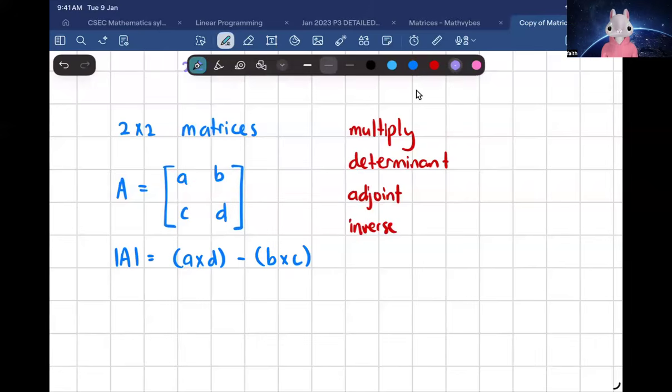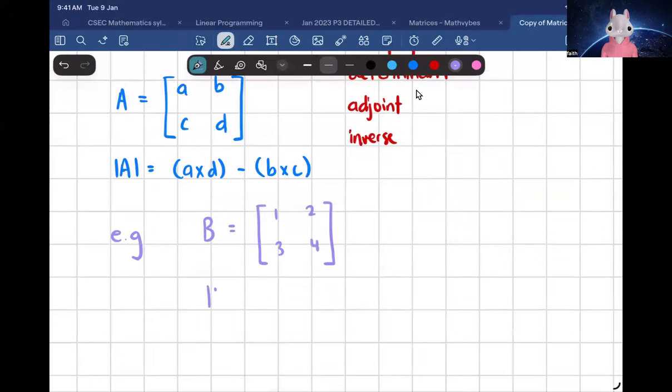Yes, sir. Well, let me give it a go, right? So let's look at an example. Let's just say we had a matrix B, and matrix B was 1, 2, 3, 4. How would I find the determinant of that?